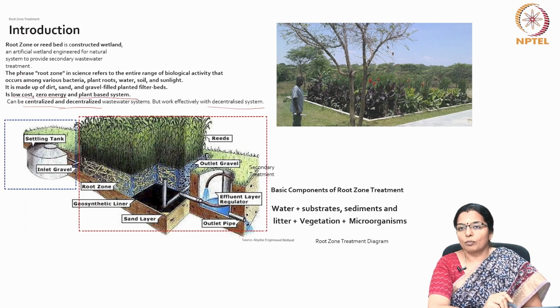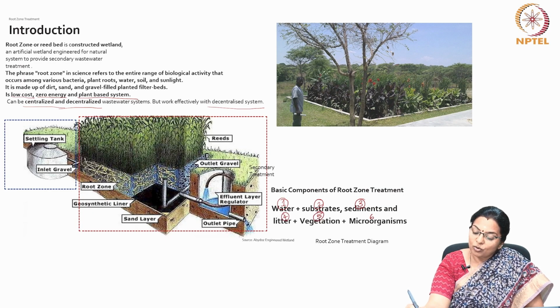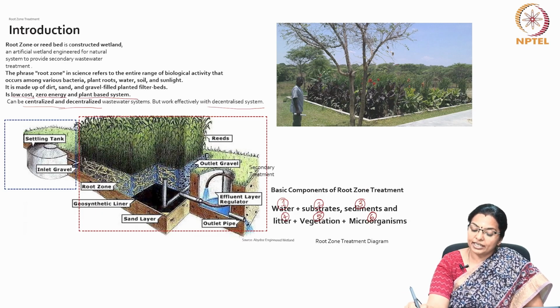The major components of root zone treatment are: you need a lot of water, you need substrates, sediments are required, litter, vegetation, and microorganisms. Each one is related to the other.